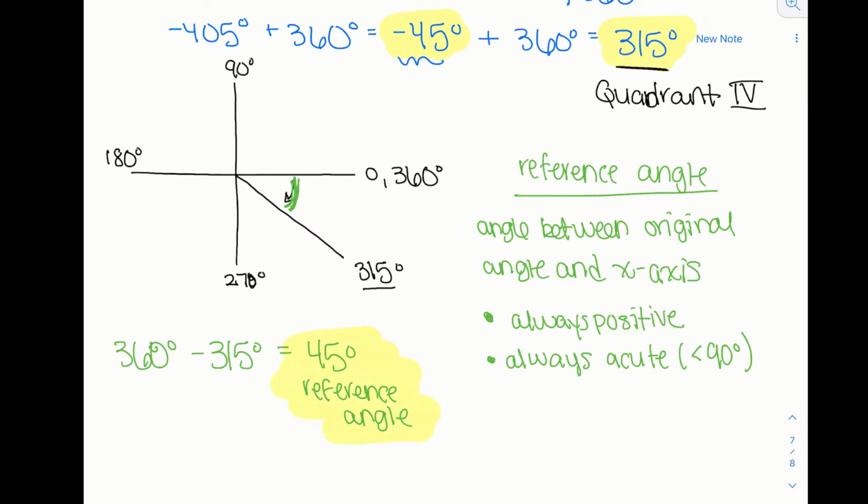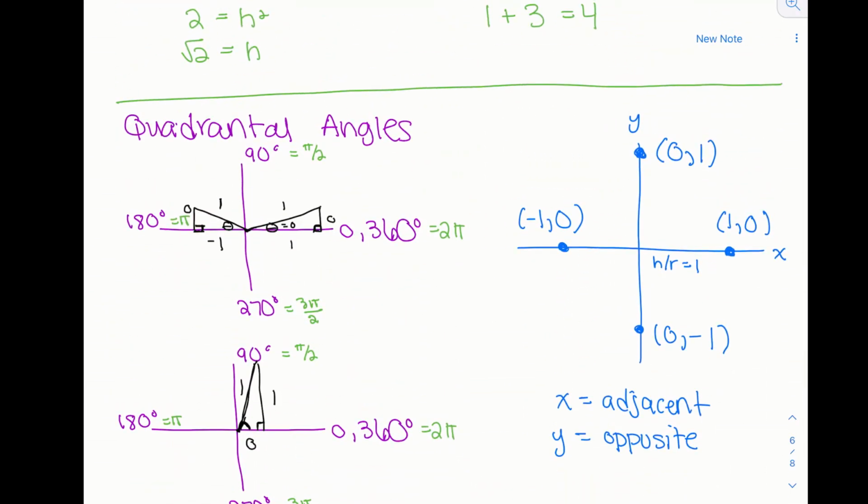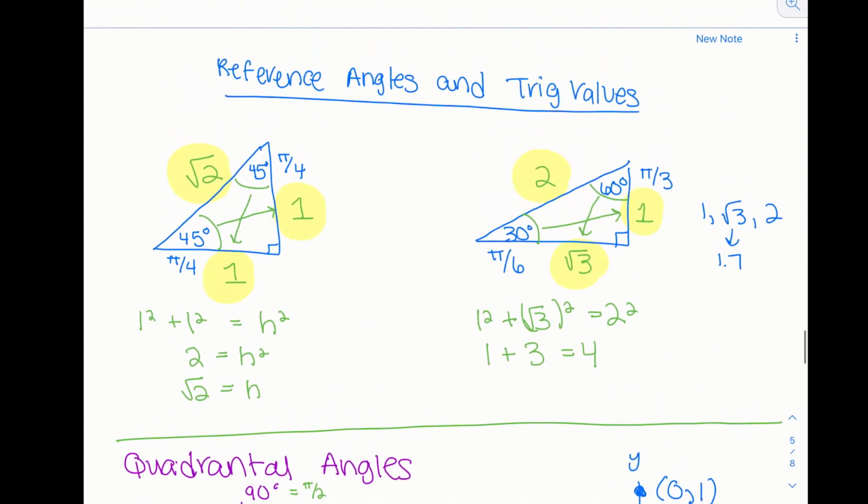The whole reason we figure out this reference angle is so that it might relate back to one of those special triangles. So if I draw a triangle here going back up, it's going to be based off of this triangle right here. I'm basically going to take that triangle and draw it right into quadrant 4.